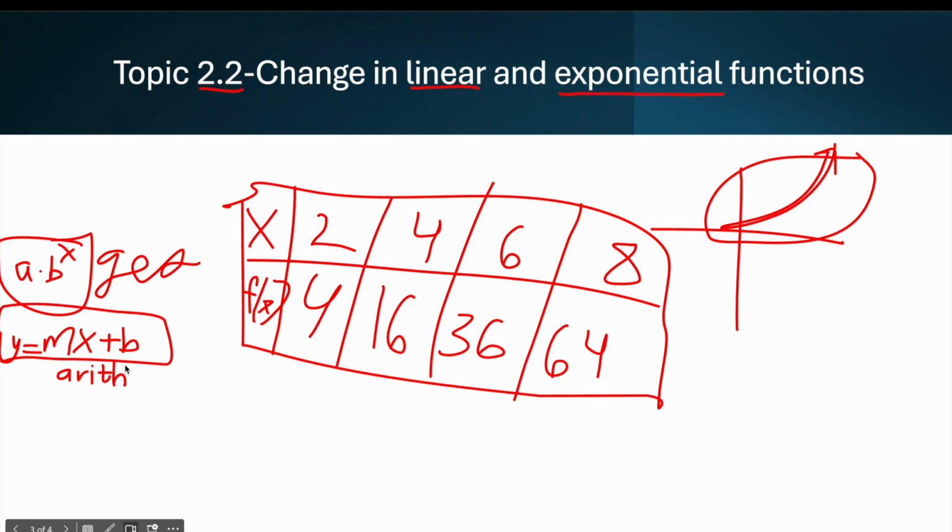And then we move on to topic 2.3. Topic 2.3 is the broad topic of identifying and understanding exponential functions. We're going to be talking about the identification of what it means to be an exponential function.